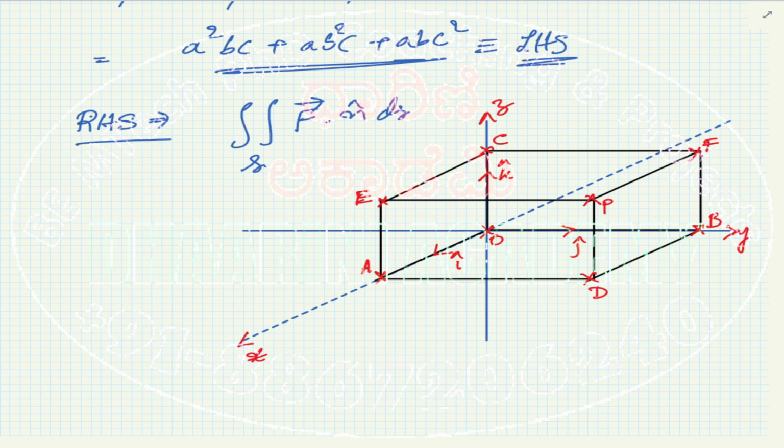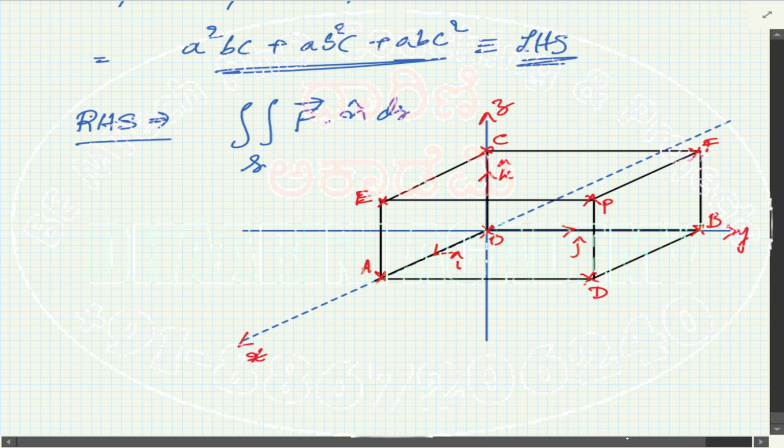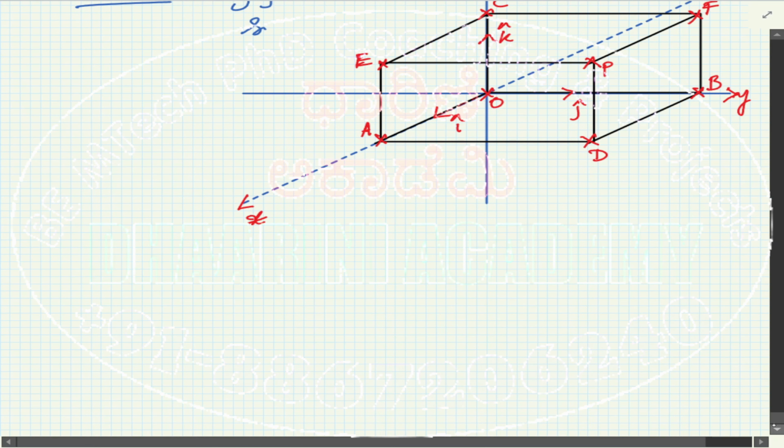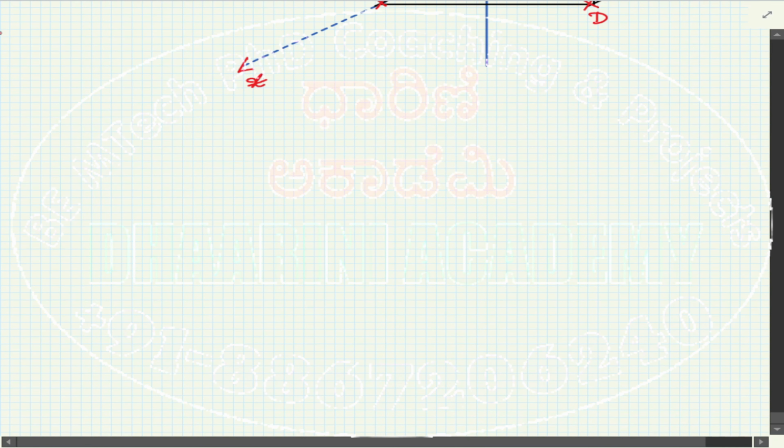The number of faces you see here is 6. So let us define each and every surface, because on every surface I should do this integration. Only then am I able to get the proper RHS calculation.